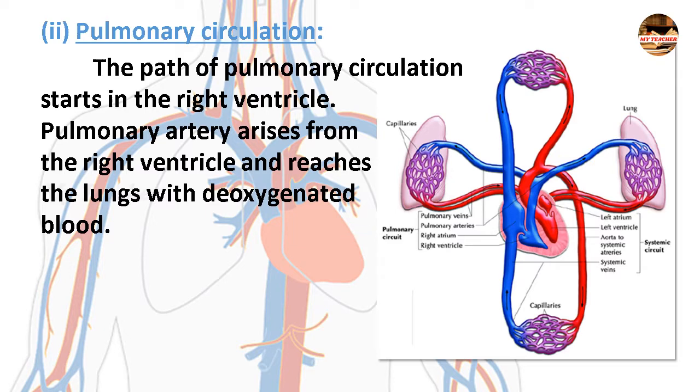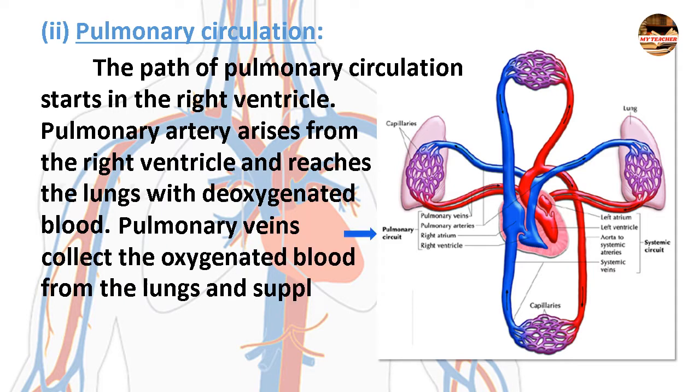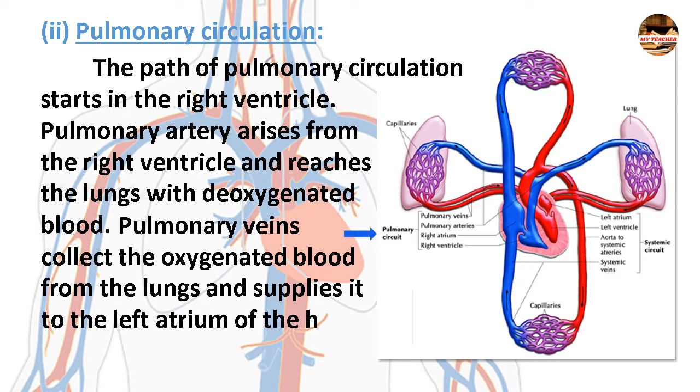You know already, the pulmonary artery is the only artery which carries deoxygenated blood. Pulmonary veins collect the oxygenated blood from the lungs and supply it to the left atrium of the heart. Here also you can understand these are the only veins which carry oxygenated blood.